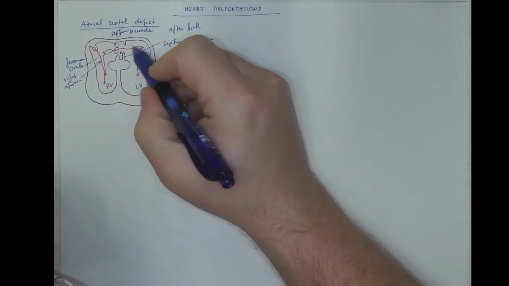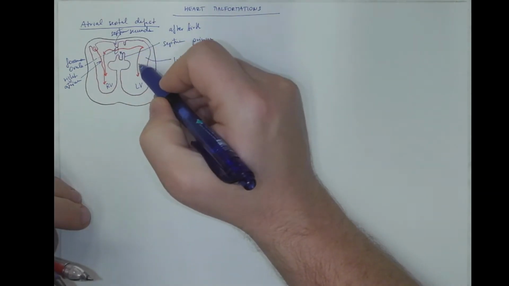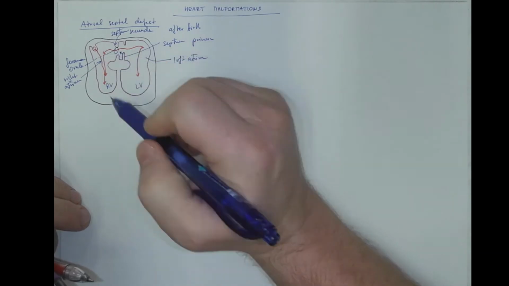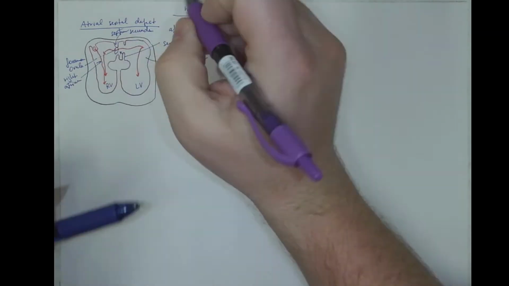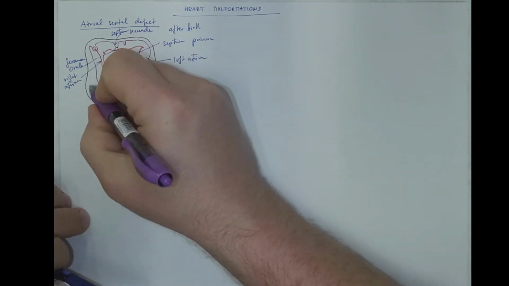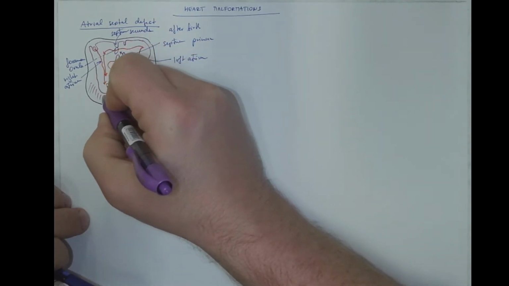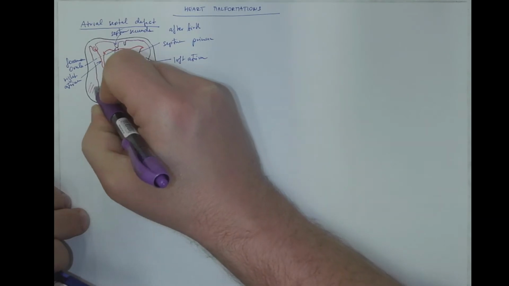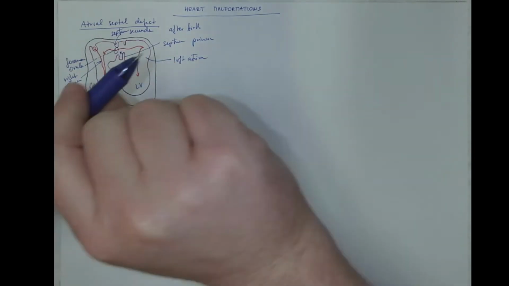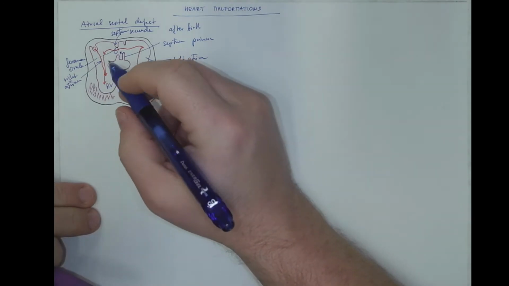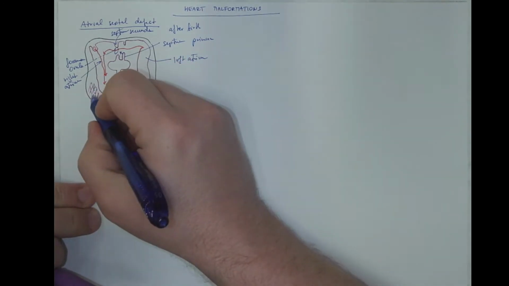Due to the pressure difference between the left and right atrium, this results in overloading the myocardium of the right ventricle, which reacts by thickening, the hypertrophy of the right ventricle.